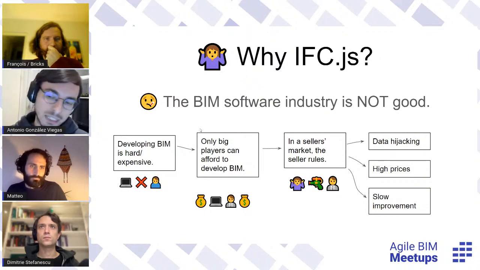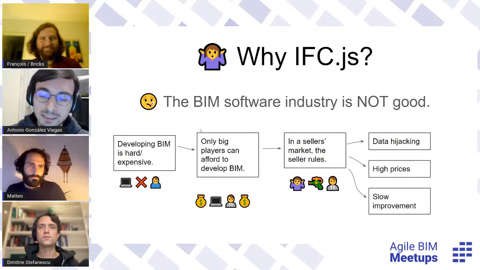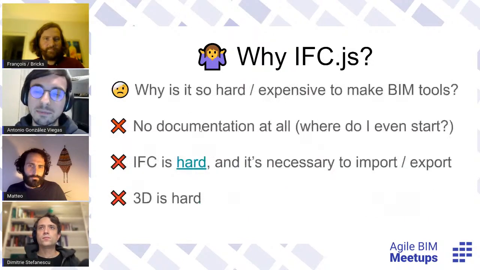That means we have a market of sellers, and in a market of sellers, the sellers make the rules. That means prices that are more expensive than we would like, slow improvement, and difficulties when we try to get data out of one ecosystem and bring it to another.